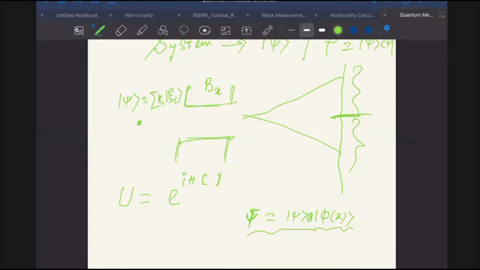Similarly, if I write the unitary, what will the unitary do? Let me write the unknown term. It is the interaction Hamiltonian, iH, and some more terms. Let me write some G here, because later I will write lambda.